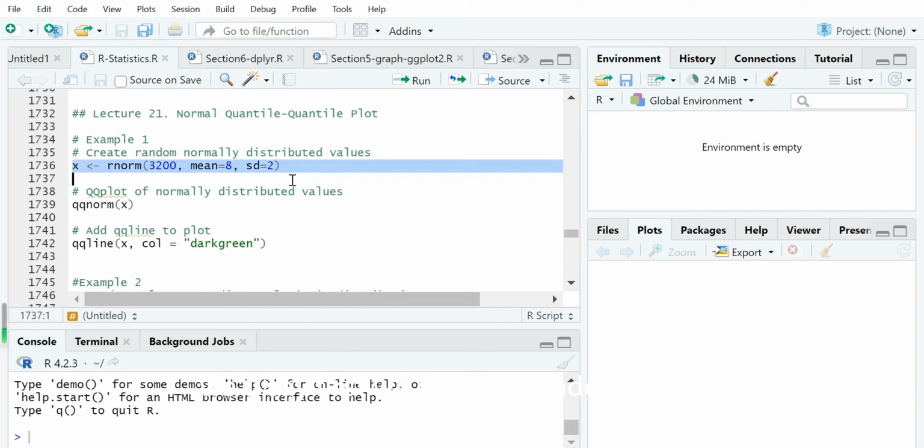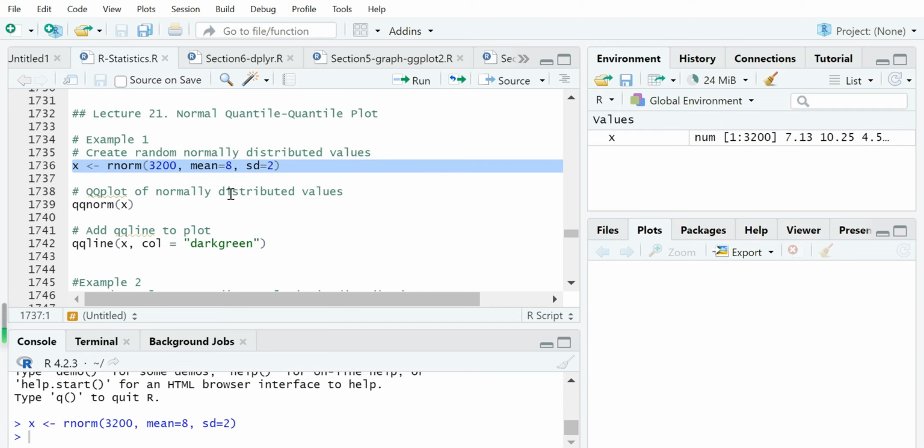First we create a random sample, this time from a normal distribution, using rnorm with 3200 numbers and a mean and standard deviation. Then we can plot qqnorm with x.